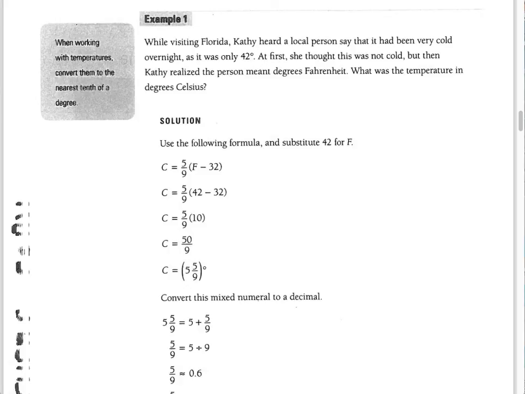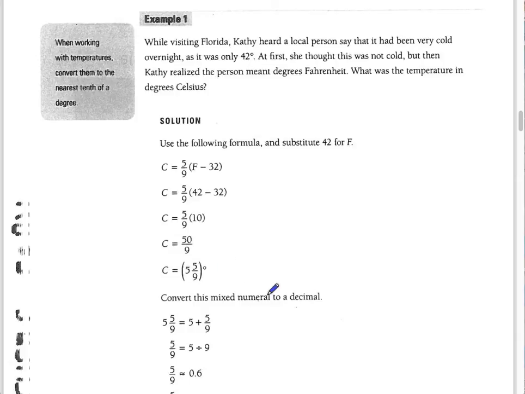So if we're going to use the formula, we plug in 42 for F, the Fahrenheit. If we subtract, we get 10. Multiplying this together, it's really 10 times 5/9, so we get 50/9. If we want to leave it as a proper fraction, that would be 5 and 5/9. So it's roughly 5.5 degrees C.